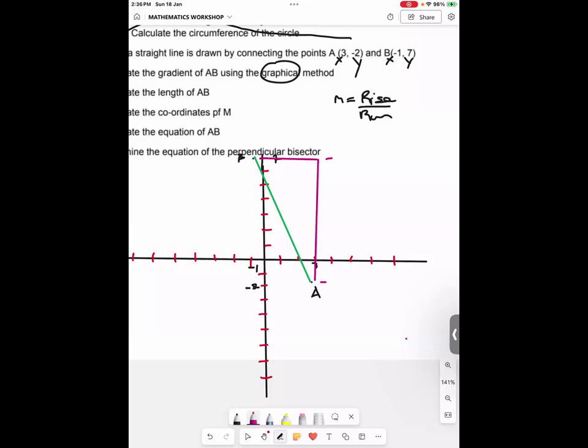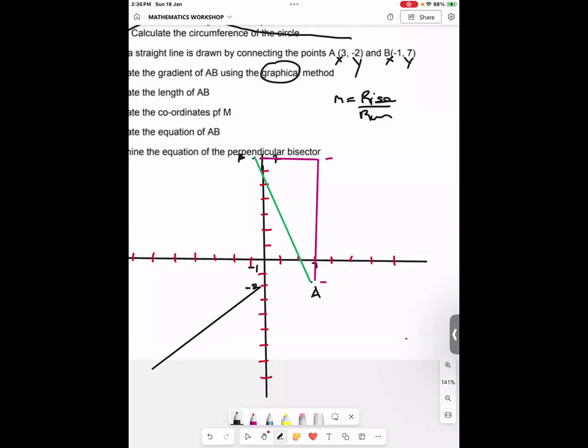Now, I'm going to use a cursor. Watch the cursor on the screen now. This point right here, ladies and gentlemen, A, is in line with negative 2, according to the plotting. So let's count all the way up until we're in line with 7. Count with me now. We're at negative 2.